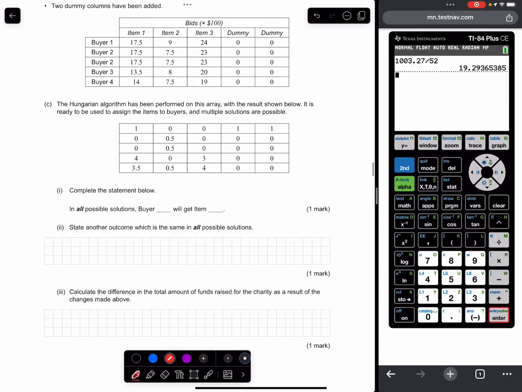We'll select zeros. Row column, row column, row column, row column. Oh, very difficult to choose anything here.